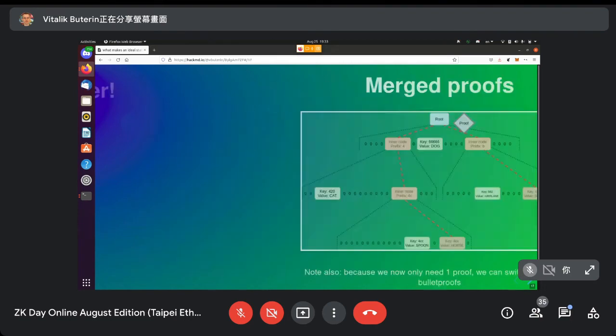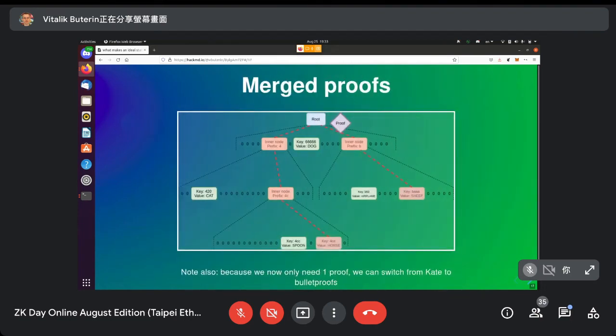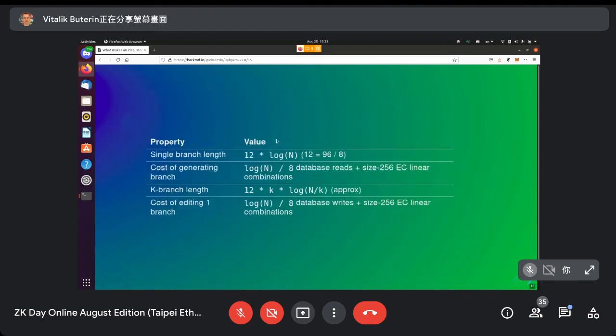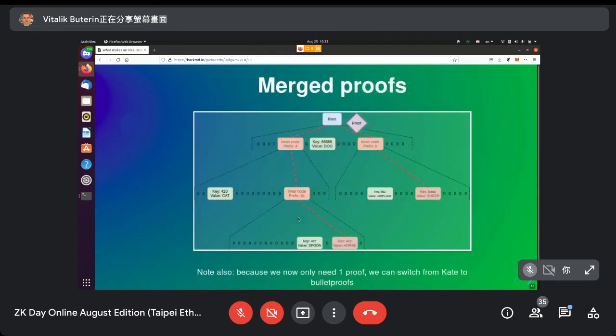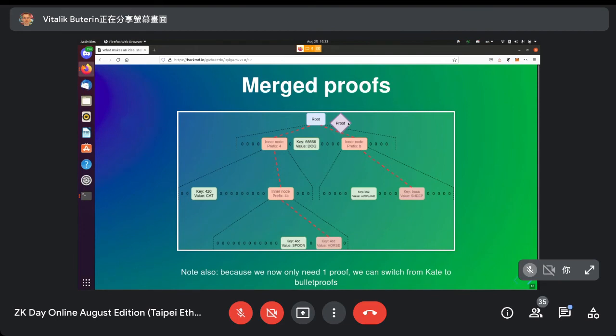It turns out that there is a very clever, fancy protocol where instead of needing to explicitly provide one proof at each one of these levels, we can provide one proof that simultaneously proves an arbitrary number of parent-child relationships, right? So the Verkle proof now only has to provide the inner nodes.